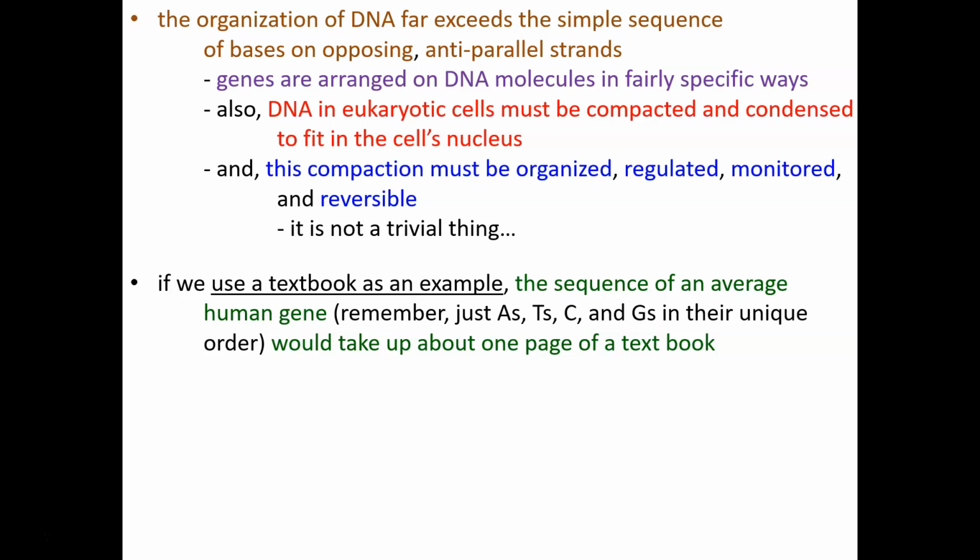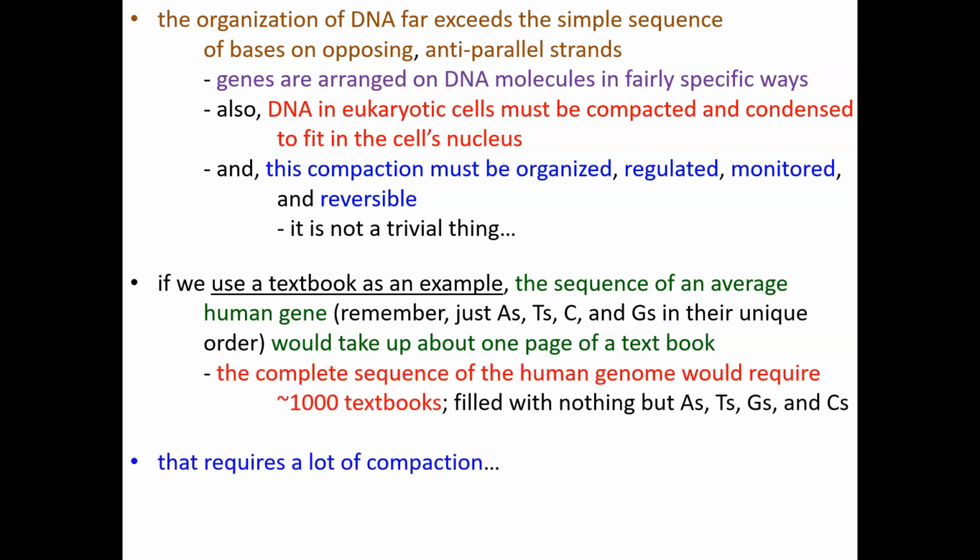If we use any textbook as an example, we'll see that the sequence of an average human gene, and again, by sequence we just mean the bases composing that gene, the sequence of adenines, thymines, cytosines, and guanines in that order, would take about 1 page of an average textbook. That's 1 gene taking up 1 page.